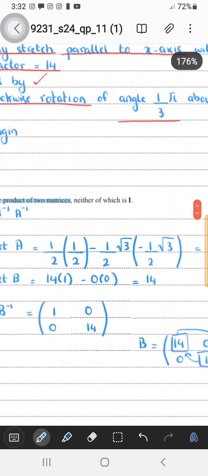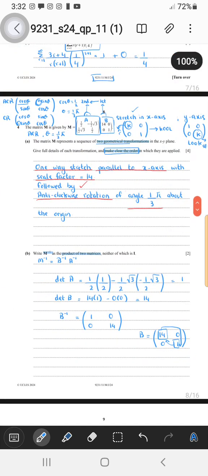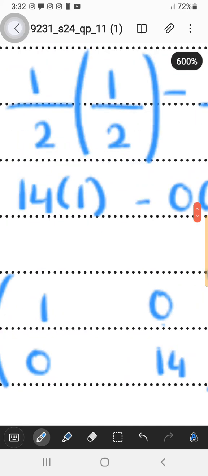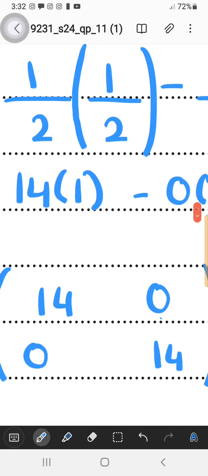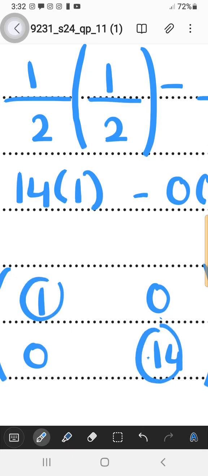I hope you get this. We will swap the positions of these two. There was 14, we write 14 here, and there was 1, we write 1 here. I hope you get this.